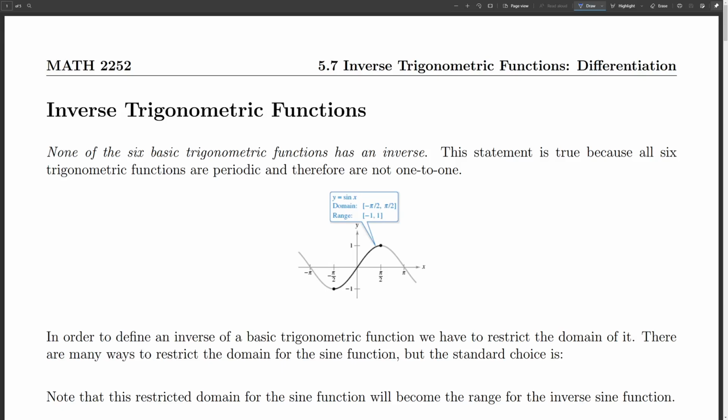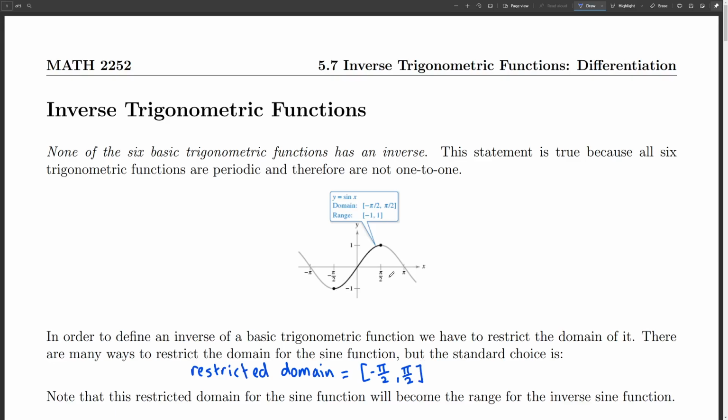There are many ways to restrict the domain for the sine function, but the standard choice is to restrict the domain from negative pi over 2 to pi over 2. So we have that the restricted domain is negative pi over 2 to pi over 2.